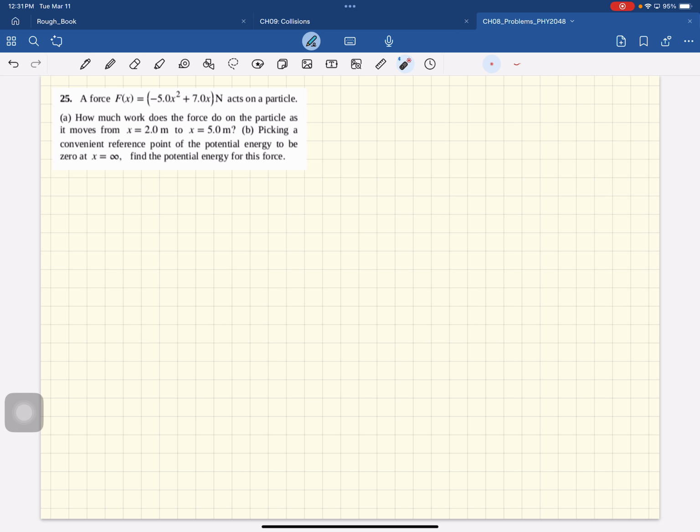How much work does the force do on the particle as it moves from x equal to 2 meters to x equal to 5 meters? So the work done is given by this integral, from x initial to x final, dx.